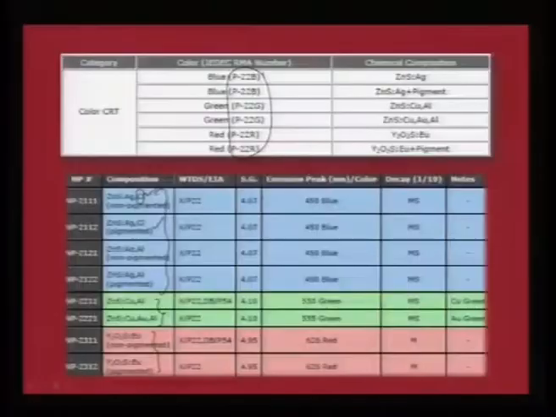Another thing is the contrast. Contrast is actually inversely related to luminescence. Therefore, we need to have a very sharp control on the contrast also. It is not just stray light that is coming out, but it has to be very sharp. Therefore, when we talk about contrast, the issue of pigmentation comes into the picture. I will show some examples on those lines.